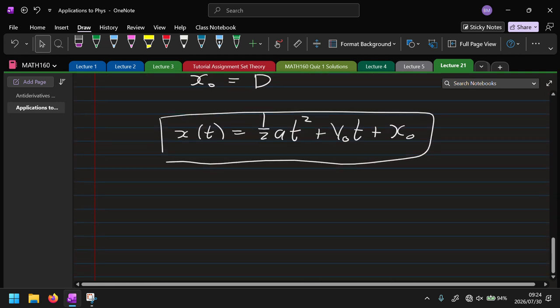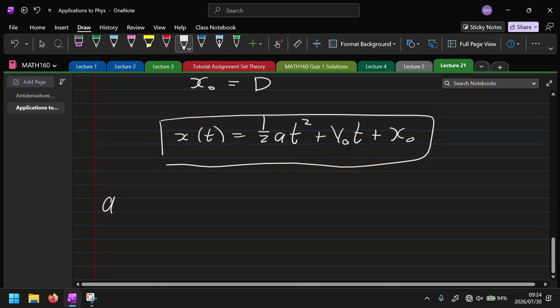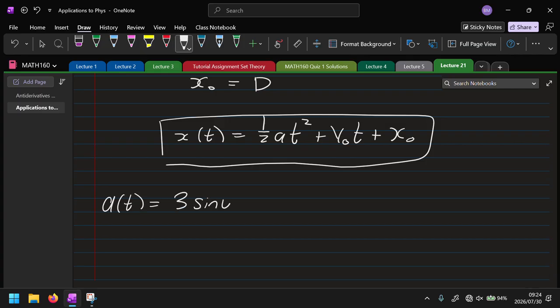Let's say that the acceleration was 3 sine omega t. Right? It's not even linear, quadratic, definitely not constant.